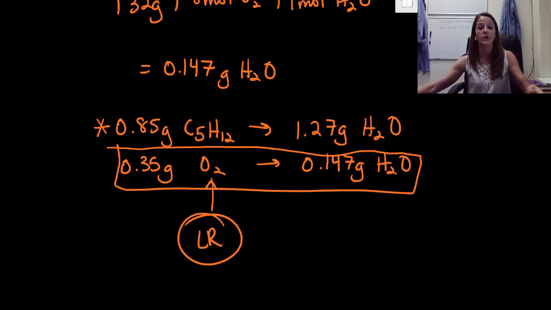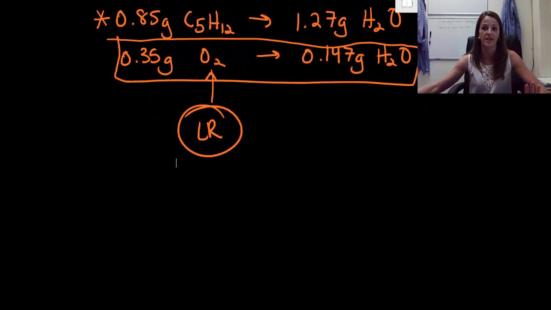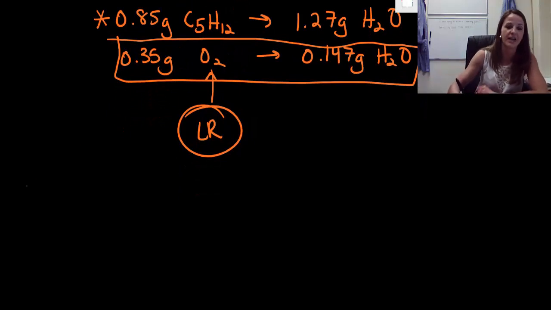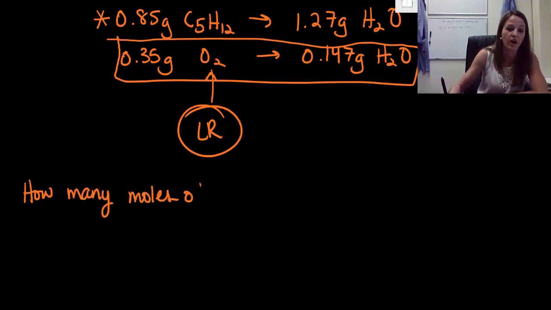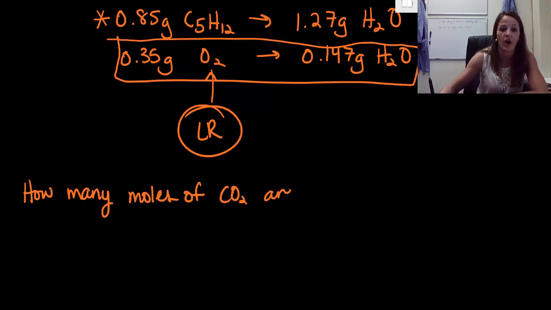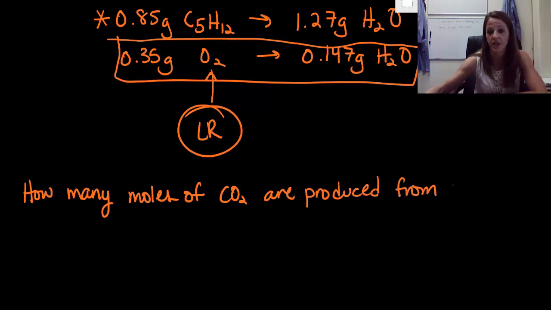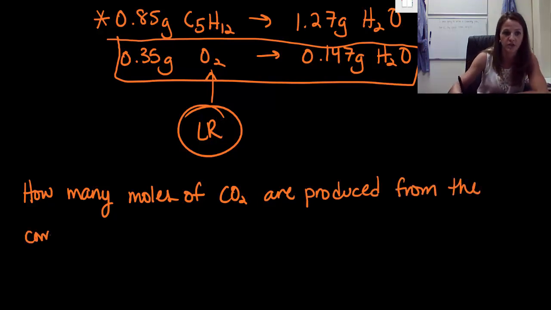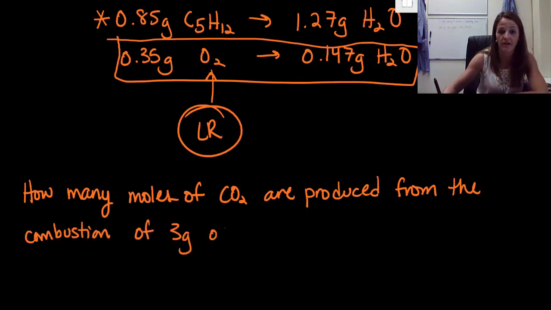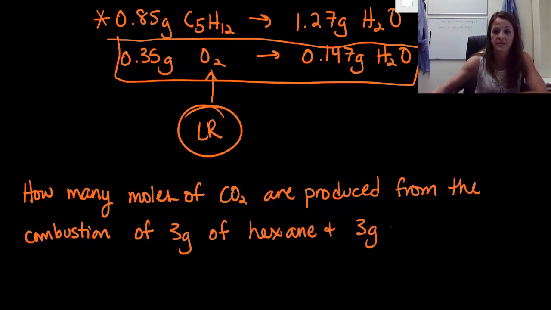All right, so now, why don't you guys do a problem here and see if you can identify every single piece, okay? This is going to be kind of complicated, but do the best you can. How many moles of carbon dioxide are produced from the combustion, we're obsessed with combustion in this unit, from the combustion of 3 grams of hexane and 3 grams of oxygen.